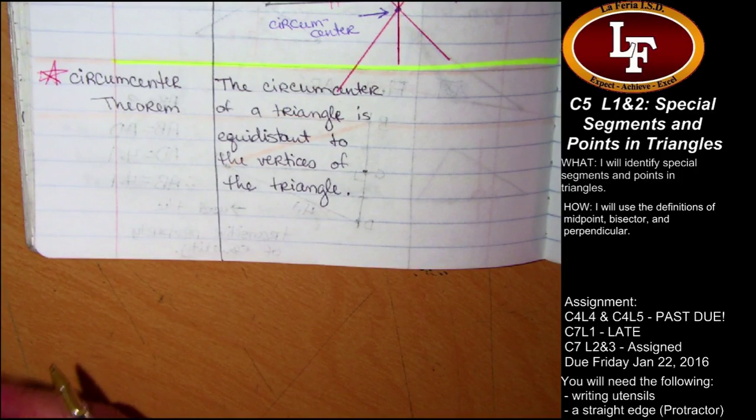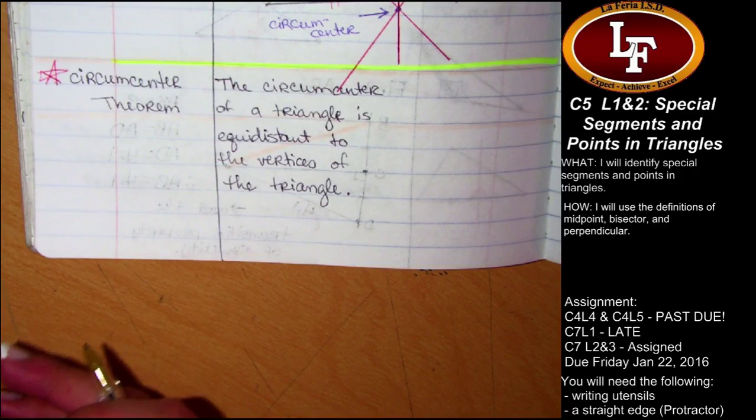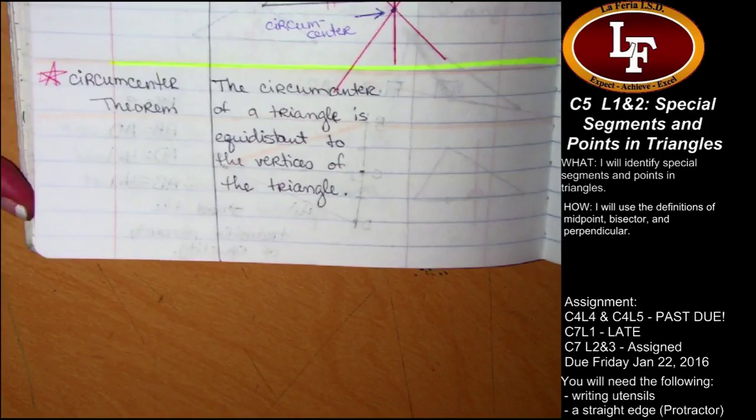So draw your triangle, find your circumcenter, and then let's look at which segments are going to end up congruent because of this theorem. Okay?